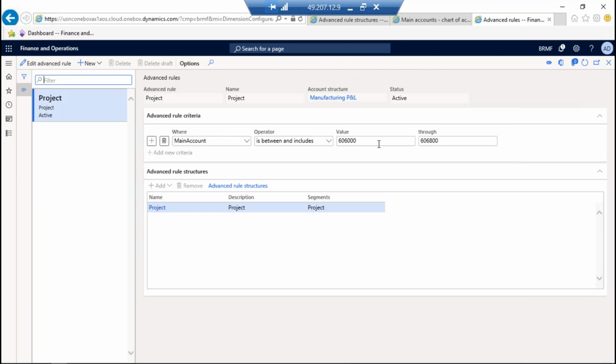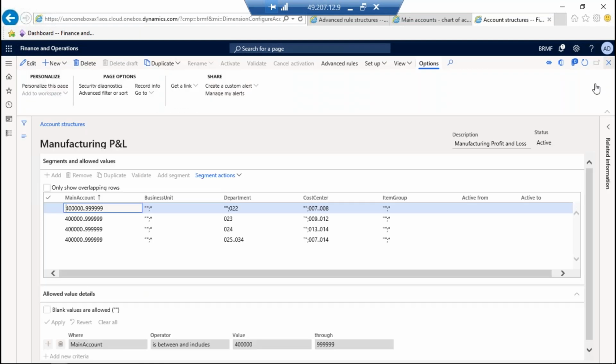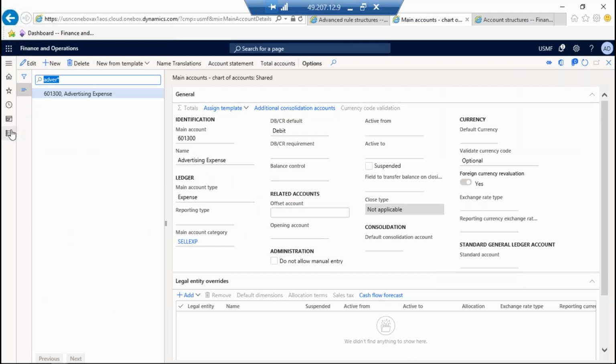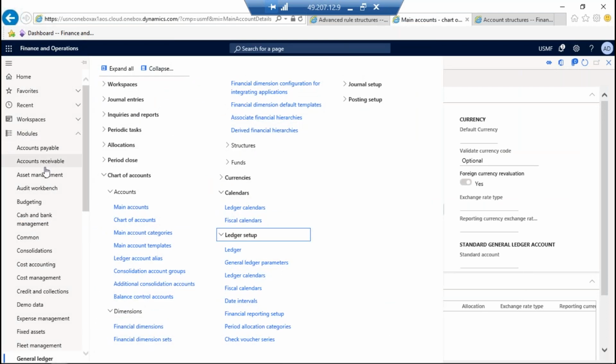So for specific 6062 60800, I want this extra dimension, otherwise for normal it is not required. So if it is like this, what happens? Let me go to one transaction, suppose general ledger, journal entries.